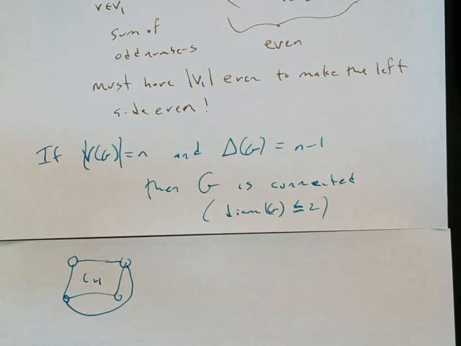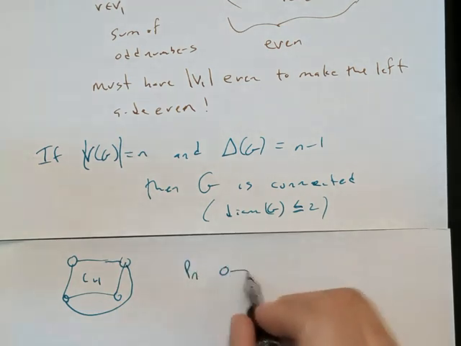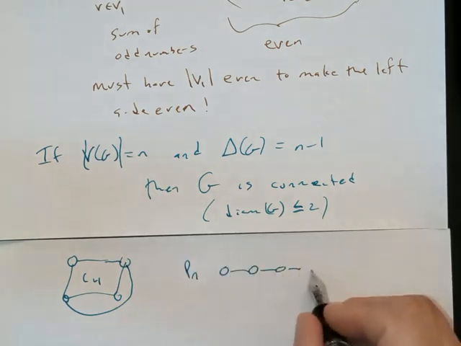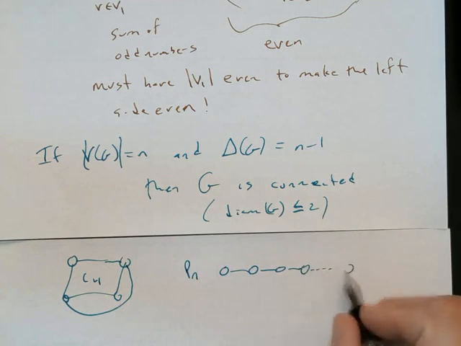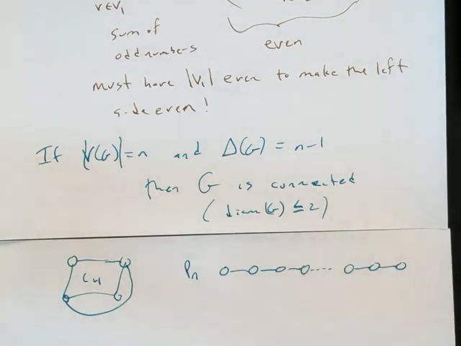By the way, that's not necessary, right? A path of any length has maximum degree 2, and it's connected. So that's not enough to guarantee. That's sufficient, but it's not required.